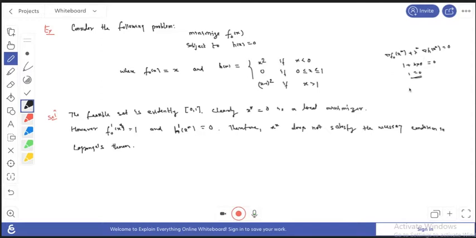If you look at Lagrange's theorem, it clearly mentions that the gradient of h at x star is never a null vector.